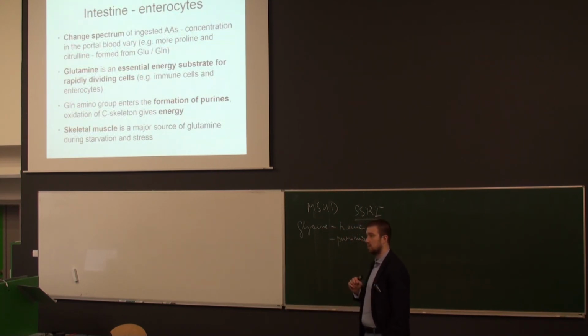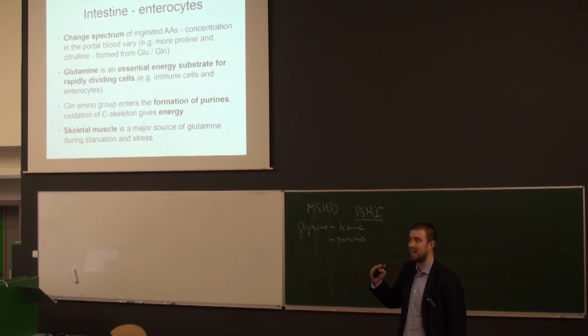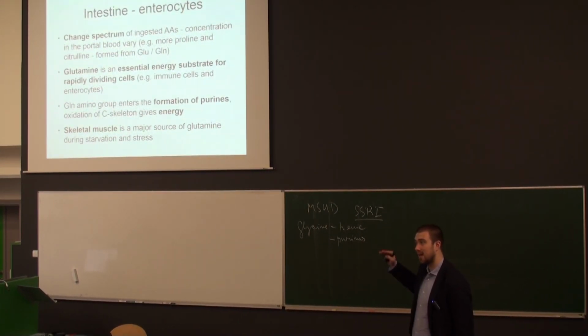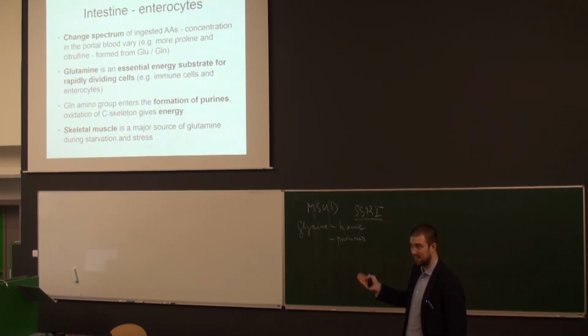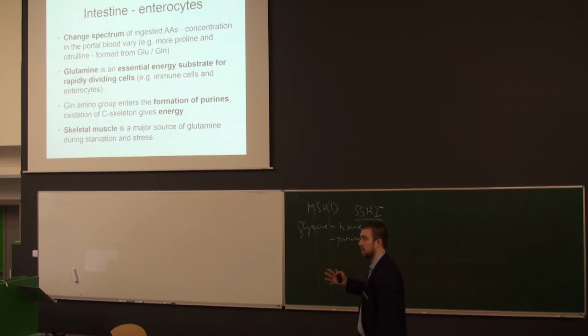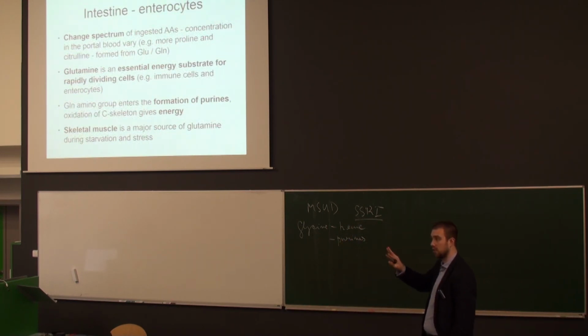The skeletal muscles will, on the other hand, produce more glutamine and alanine than they have inside their proteins. And they do this actively since they will feed these rapidly dividing cells. And this whole process we call glutaminolysis. It means the interaction between organs.